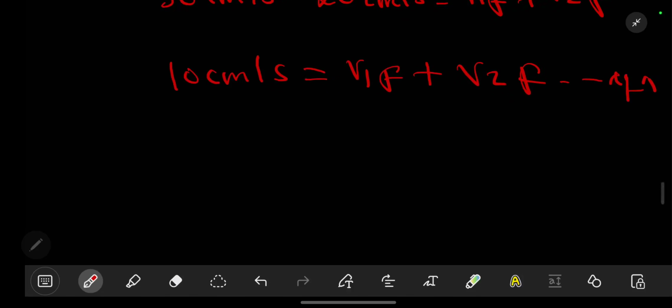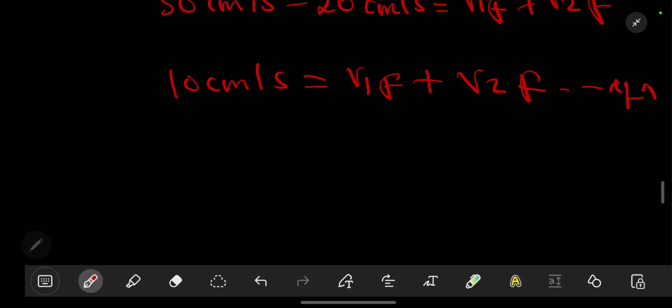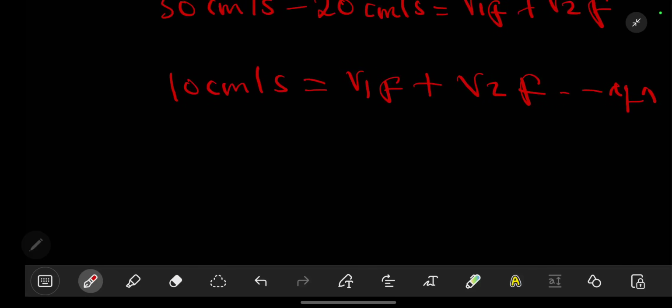So now, under our 1D, we are going to use relative velocity.